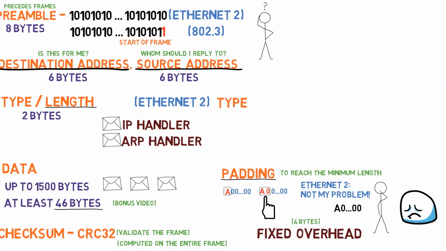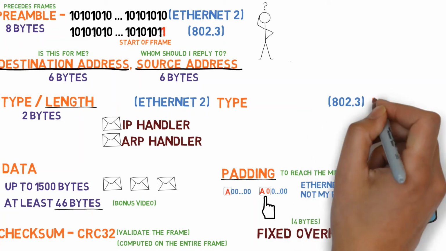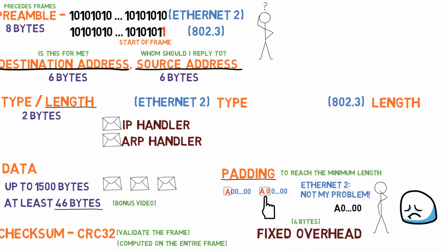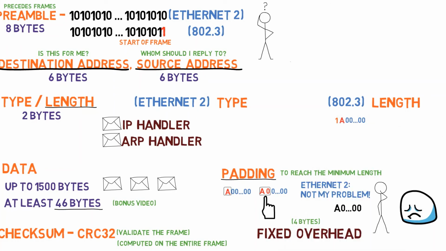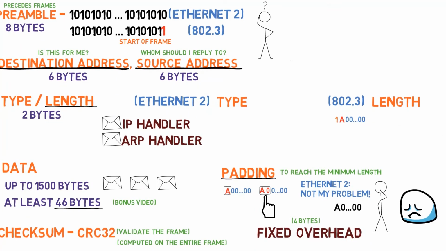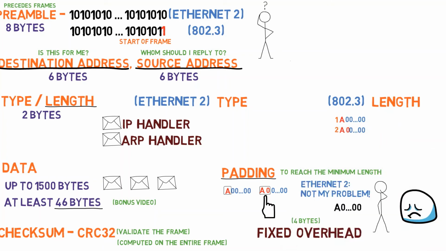For this reason, IEEE decided to change the type field into a length field in IEEE 802.3. So, for example, a frame carrying a single byte of data, A, will have the length field set to 1, whereas a frame carrying 2 bytes of data, A0, will have the length field set to 2.